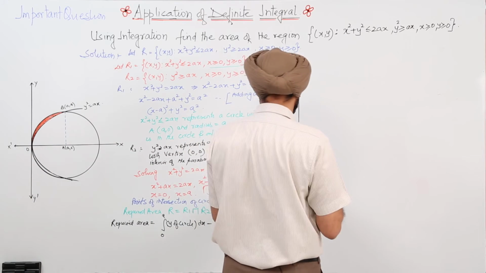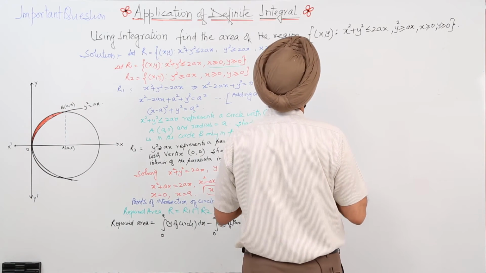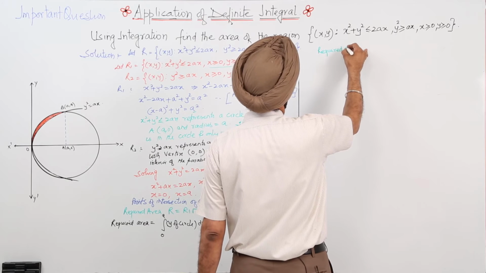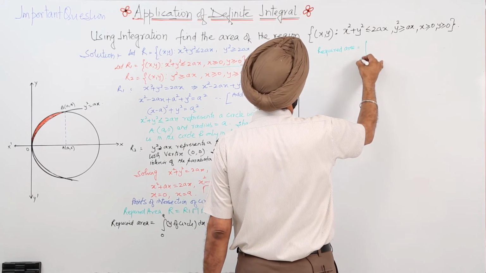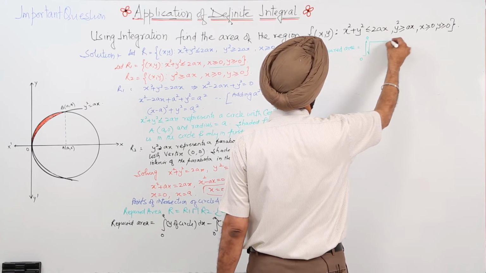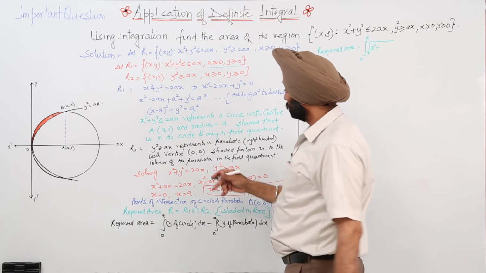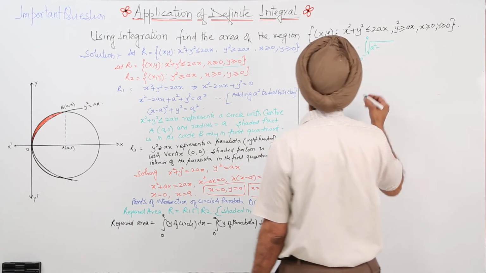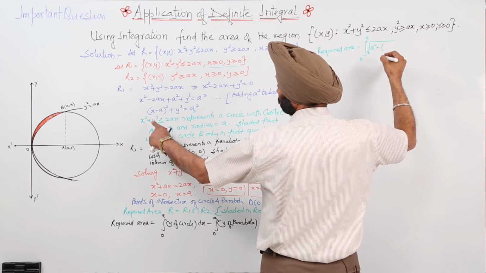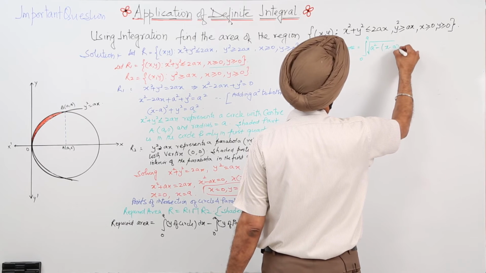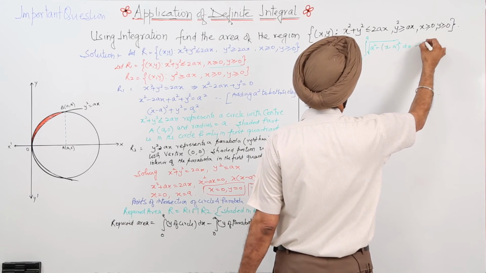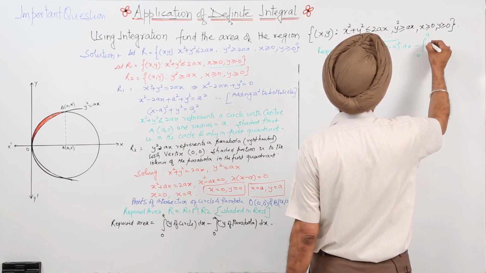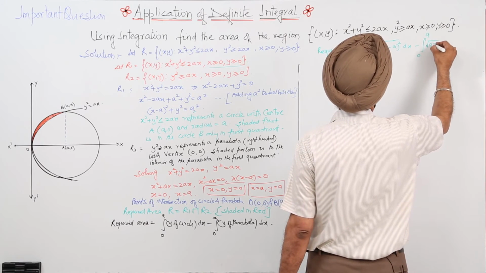Now required area is equal to the integral from 0 to a of √(a² − (x − a)²) dx minus the integral from 0 to a of y of parabola, √(ax) dx.